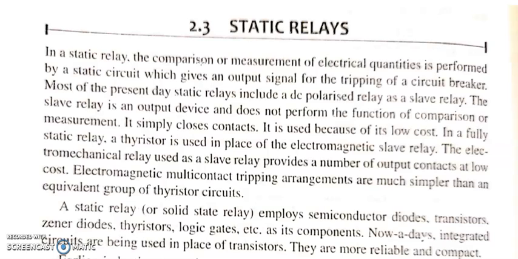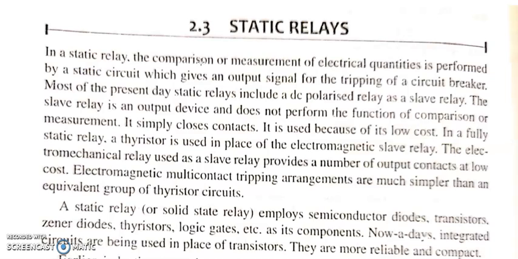And now we are going to use such relays because of their low cost. And nowadays they are most reliable when compared to your electromagnetic relays. So these relays include semiconductor diodes, transistors, or Zener diodes, or logic gates as components for their operation.